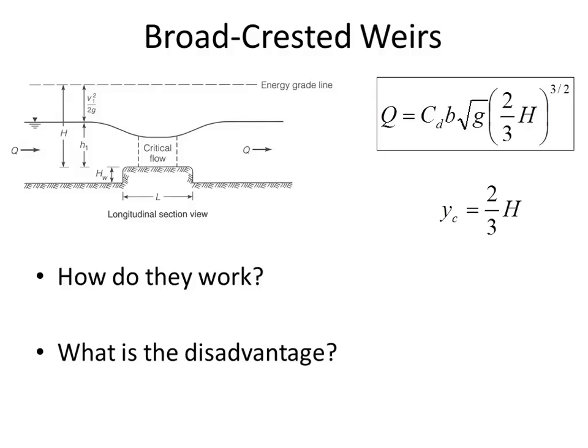I took this figure from a different text. And there is a C sub D. It's a coefficient of discharge, and it's basically an energy loss coefficient. You have to correct for energy loss because there's turbulence caused by this flat surface here. It interrupts some of the flow, and so a typical coefficient of discharge may be in the neighborhood of 0.6.